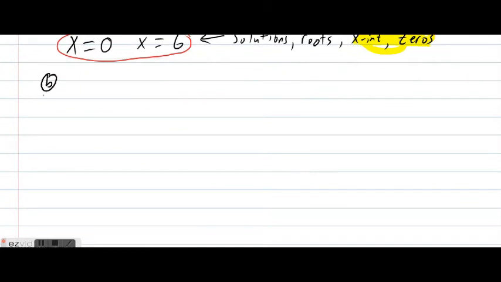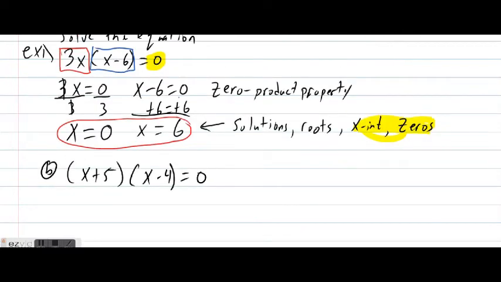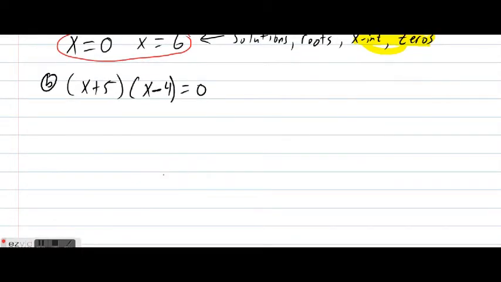All right, so I want you to try one. x plus 5 times x minus 4 equals 0. You seen what I did above? Hit pause, you try it. You're solving for x. All right, let's start going through it.